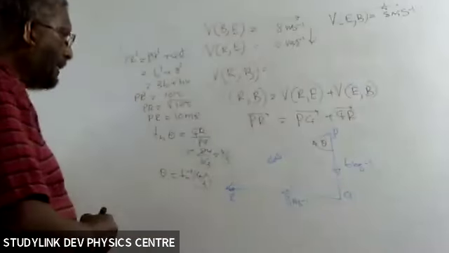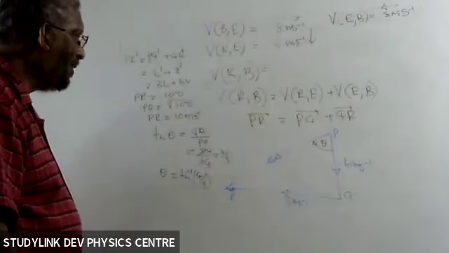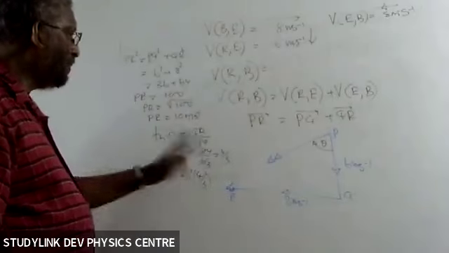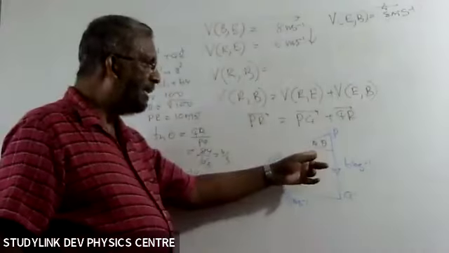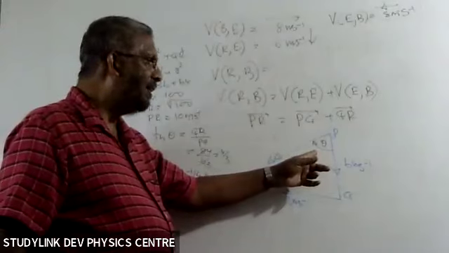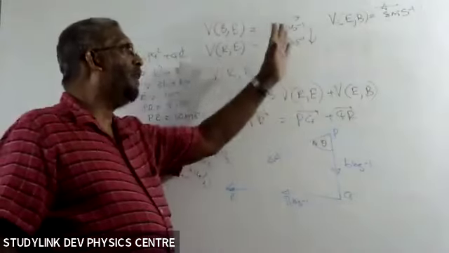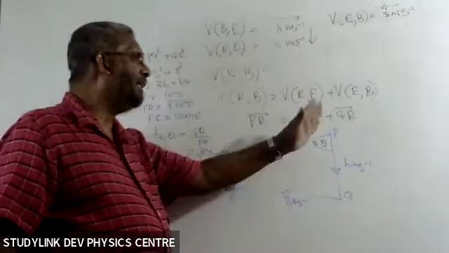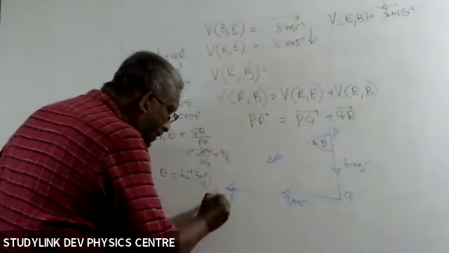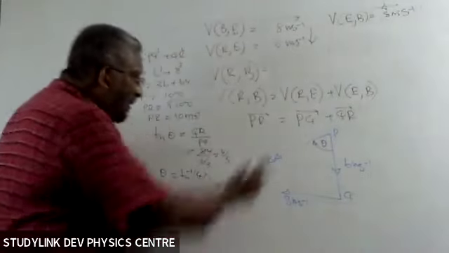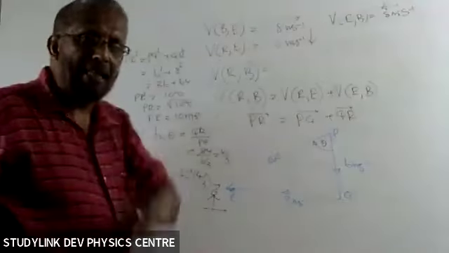So then we can say, how does it rain? Relative to the boy, it rains making an angle of tan inverse 4 by 3 from vertical towards him, because he is walking in this direction. I asked only the direction.